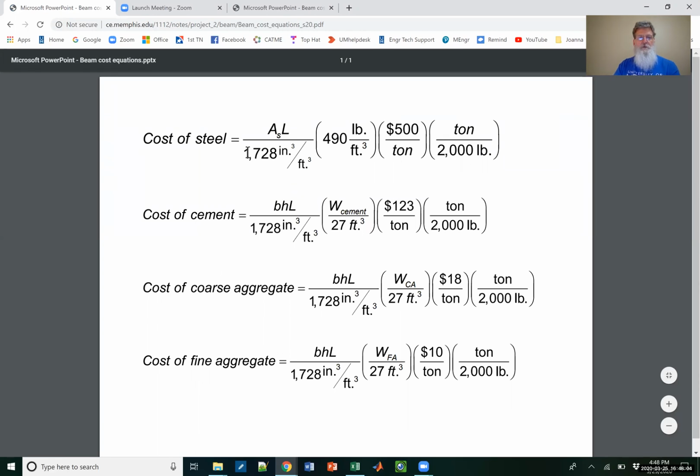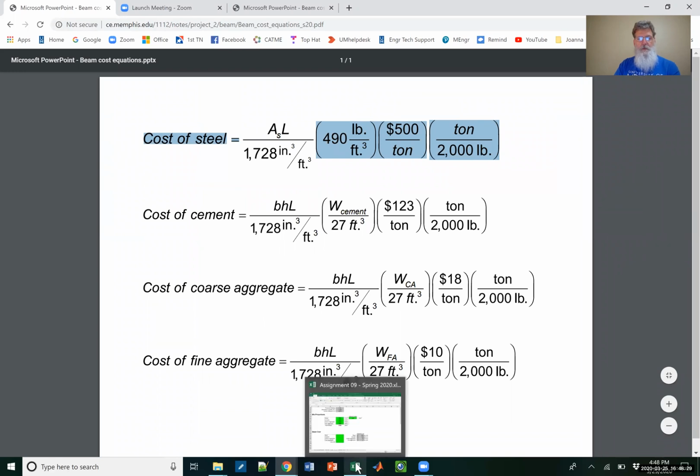We'll use this first one here to calculate the cost of the steel in the concrete. So we'll need the area of steel and the length of steel. 490 is going to be a constant, 500 we get from the table, and the 2000 is a constant. All this information is available for us already on the reinforced concrete beam sheet.